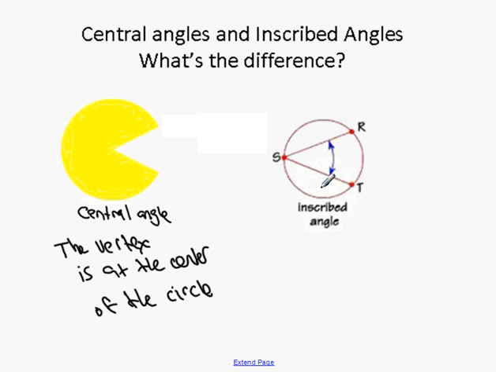Here's an inscribed angle. And in an inscribed angle, the vertex here is S, the vertex is on the circle.